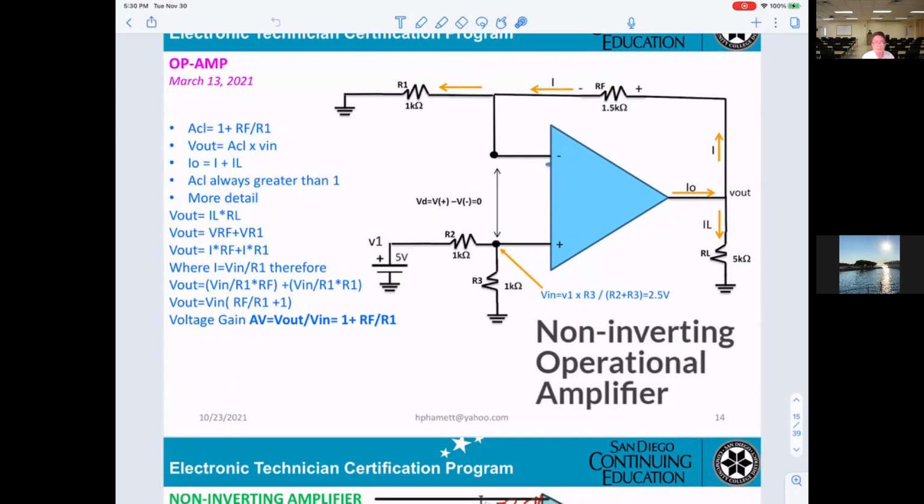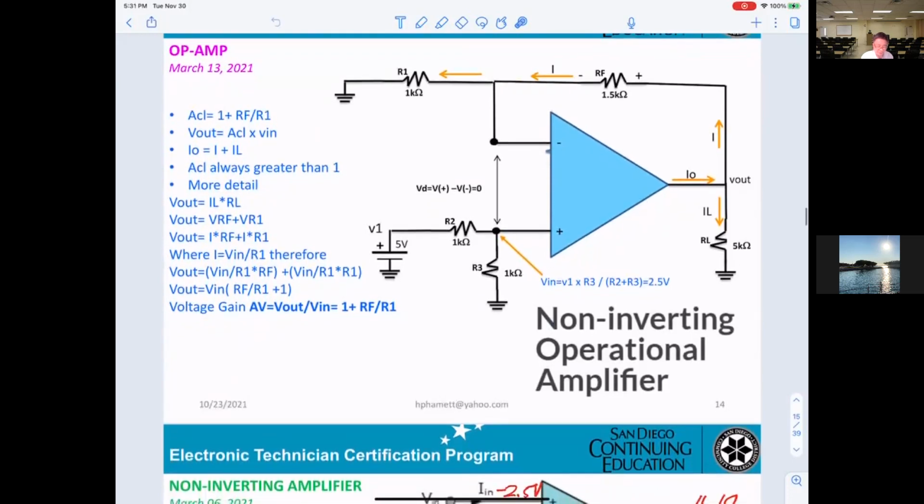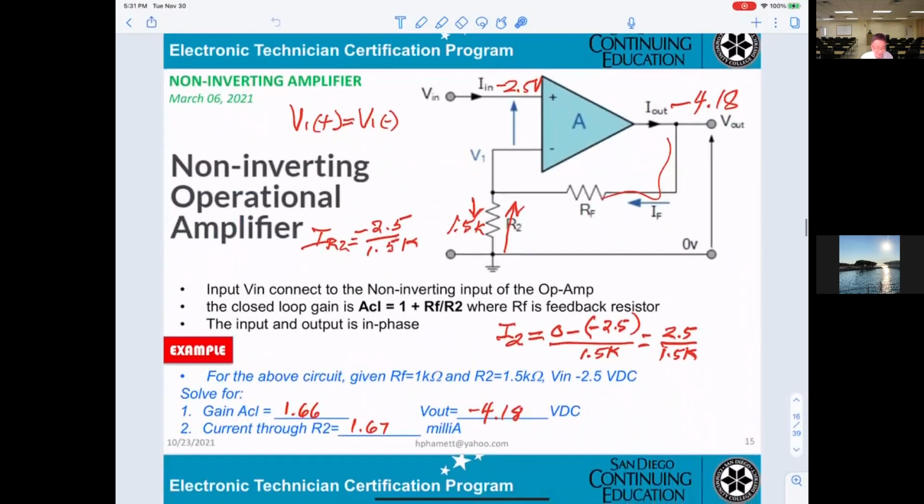So that tells you the gain of the non-inverting amplifier must be higher than 1, adding something. If you want to calculate the V out, you take the gain times the input, okay? Here they also give you more detail on how to do the calculation. You have to review it. That's just very, very basic, okay?